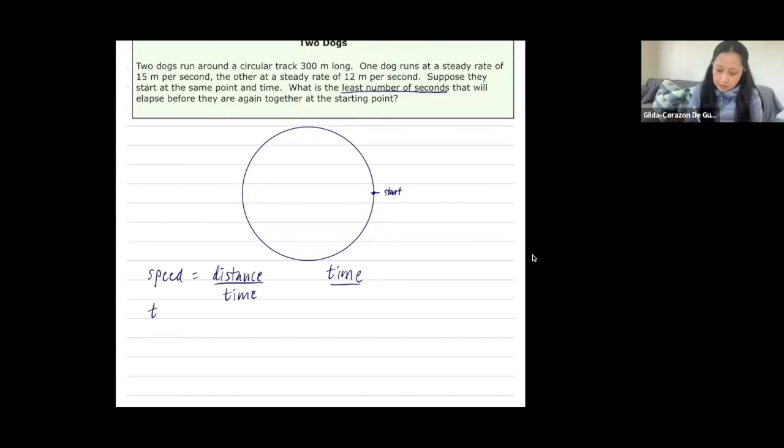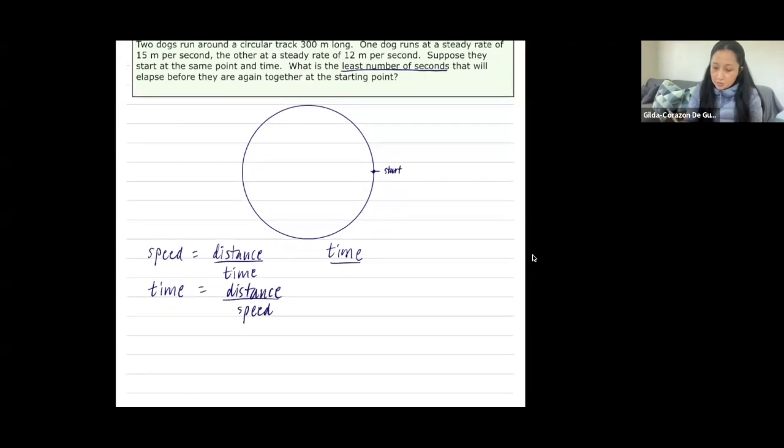So the formula for time is equal to distance over speed. With dog one, the distance would still be 300 meters, because that's how long the circular track is, over the speed, which is 15 meters per second.